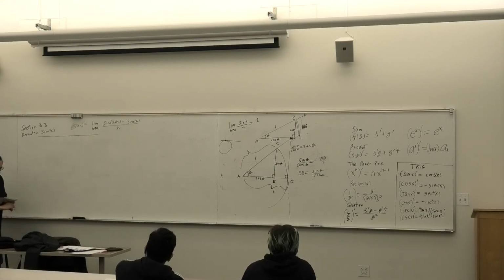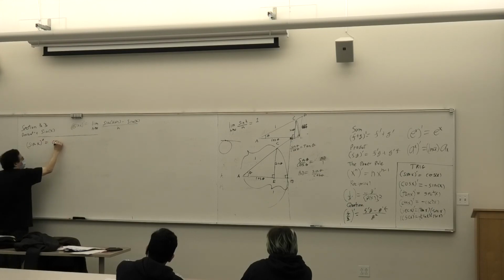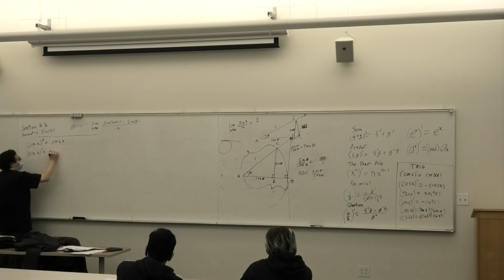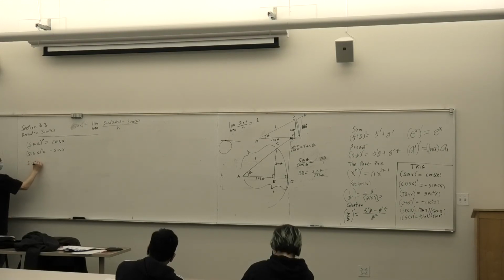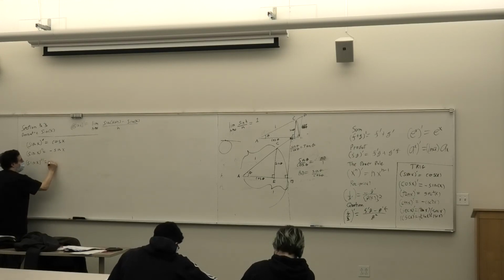I'm going to point out a nice little feature of the first two derivatives. We have the derivative of the sine of x is the cosine of x. But the second derivative of the sine of x is the derivative of the cosine, which is the negative sine of x. The third derivative is going to be negative derivative of the sine of x, or negative cosine of x.